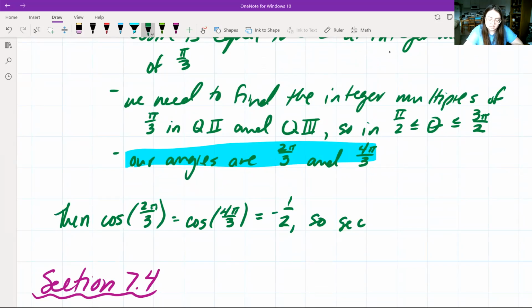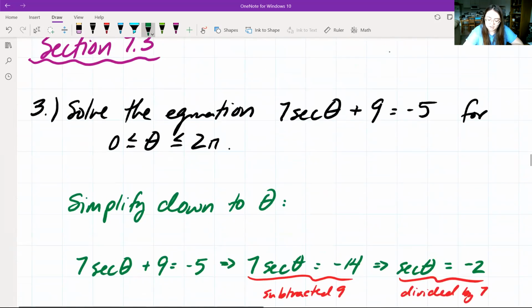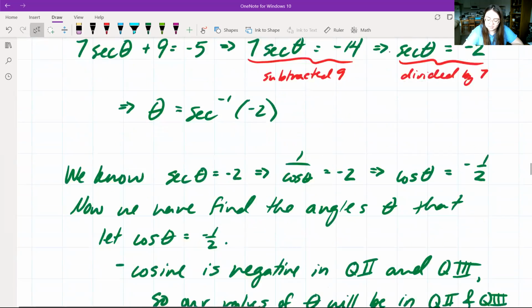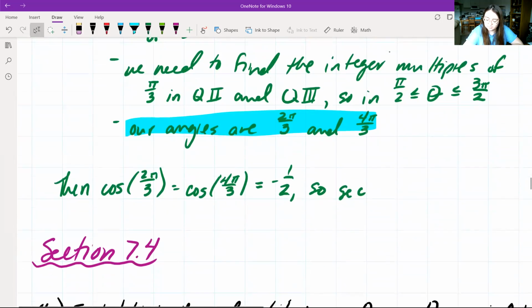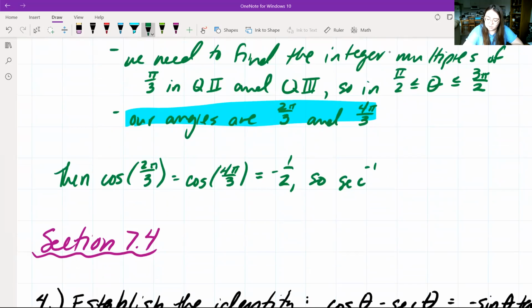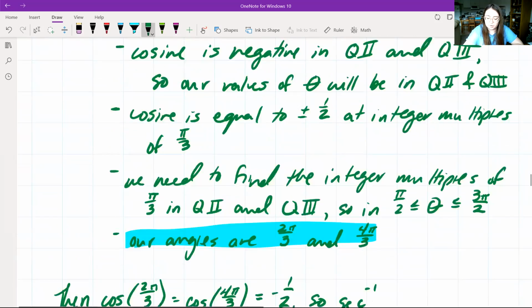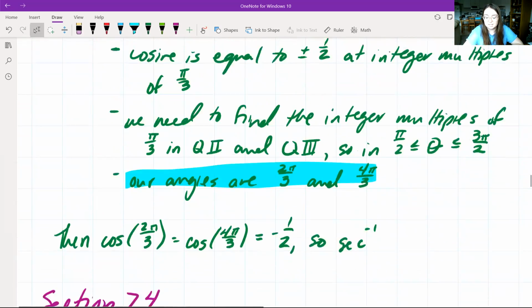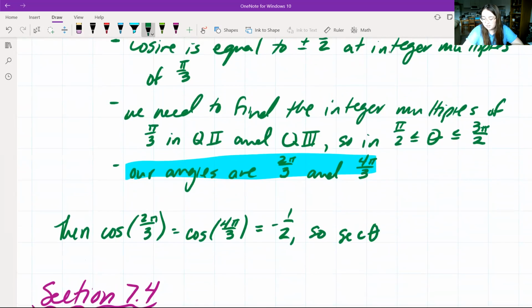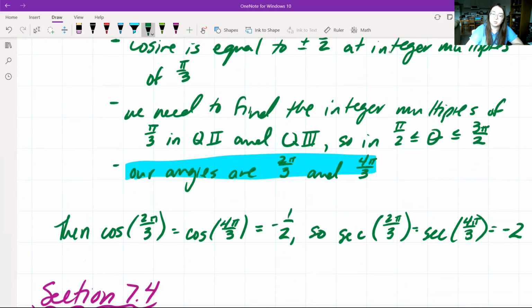So in this case, we were just working with secant. Secant of theta, where theta is 2pi/3, is the same thing as secant of 4pi/3, which is then equal to -2.